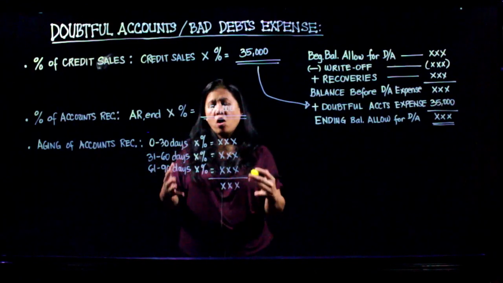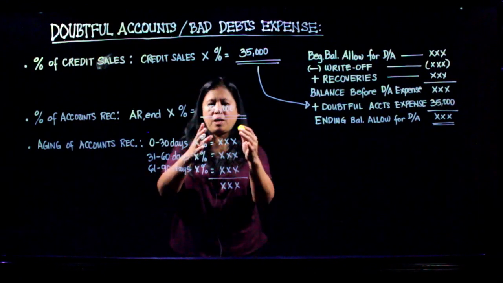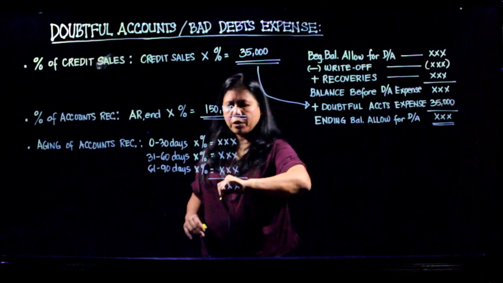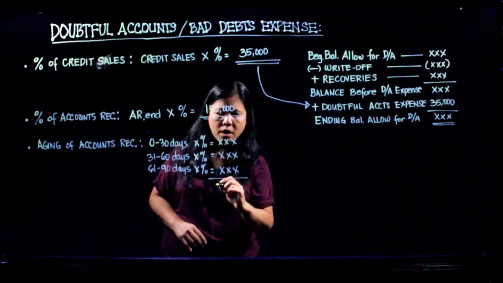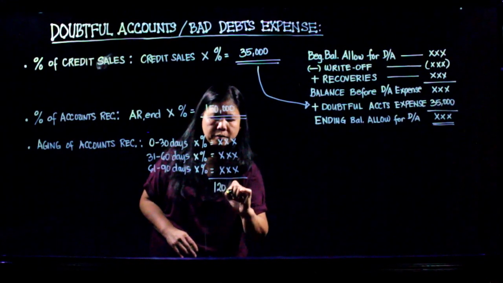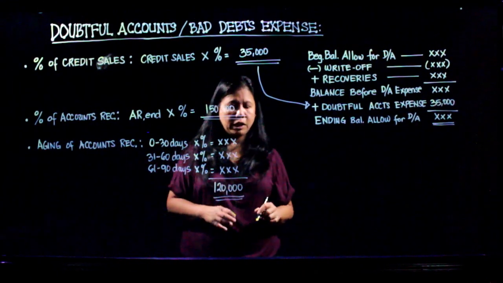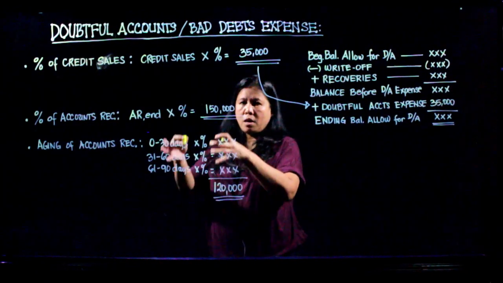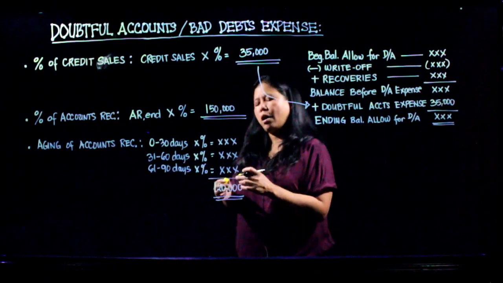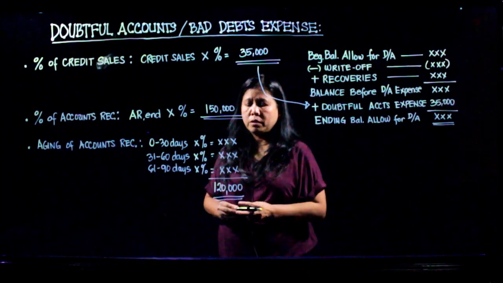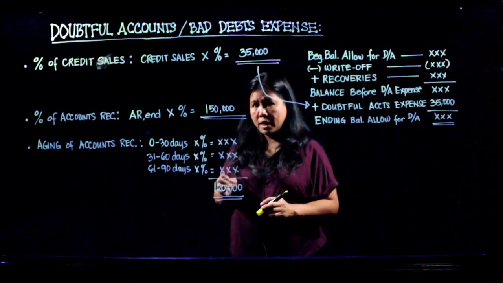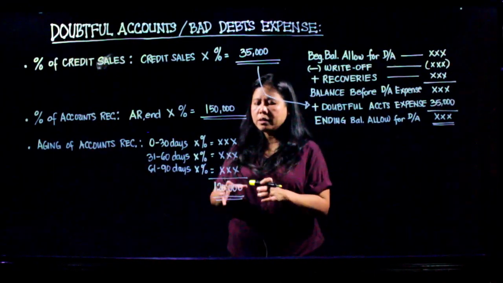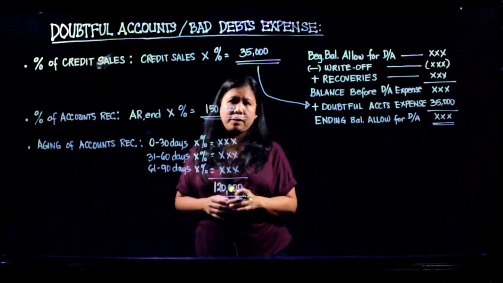Then we add all the amounts that we get from the percentages. Let's say for example we get 120,000 from calculating all the outstanding accounts receivable according to the number of days and the percentage.